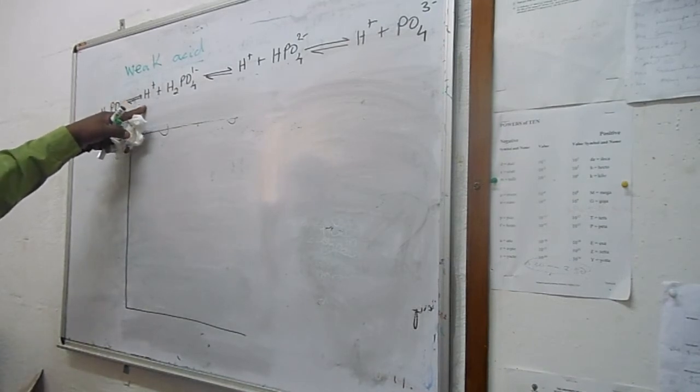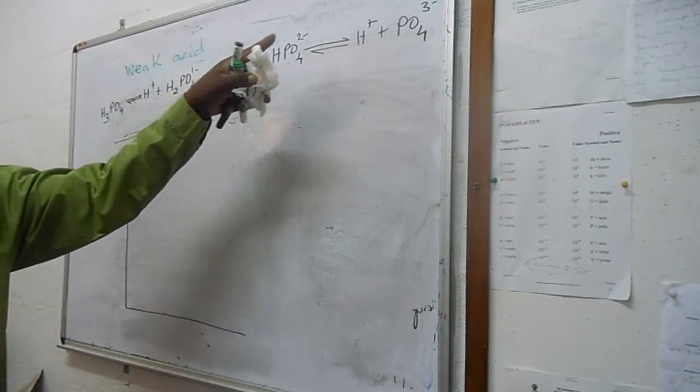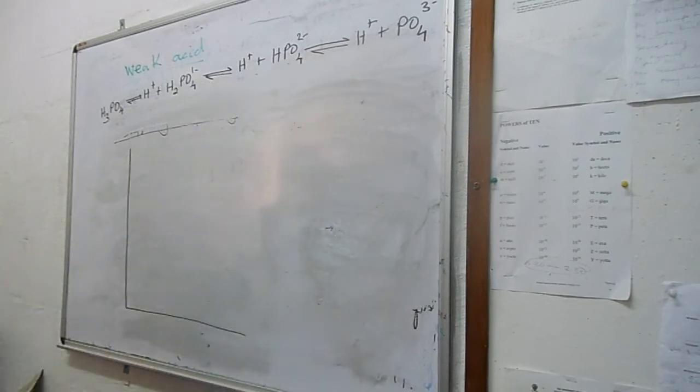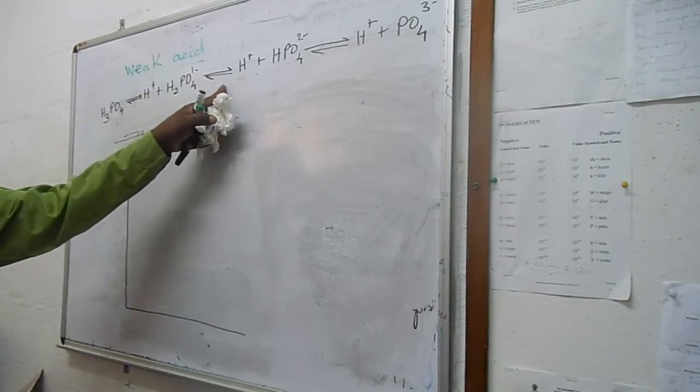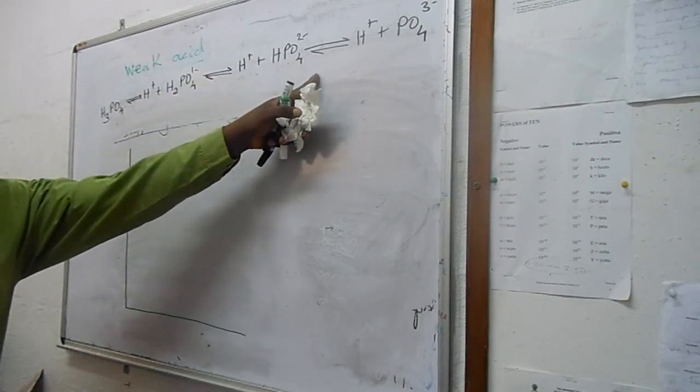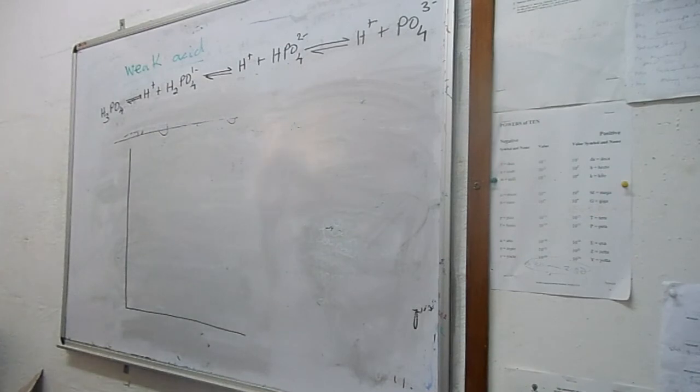It loses the first proton, the second proton, and the third proton. Meaning that if we did the titration curve of phosphoric acid, we're going to have 3 inflection points: 1 for the first dissociation, 2nd for the 2nd dissociation, the 3rd for the 3rd dissociation.